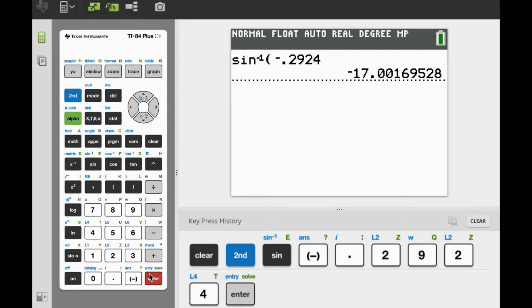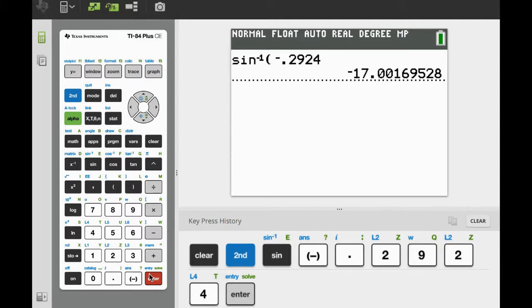My calculator has not lied to me. It's just that the calculator can only give me one of 2 possible answers because sine is negative in 2 different quadrants. It's negative in quadrant 3 and it's negative in quadrant 4. So this problem, if you look at the paper, says we want the one in quadrant 3.